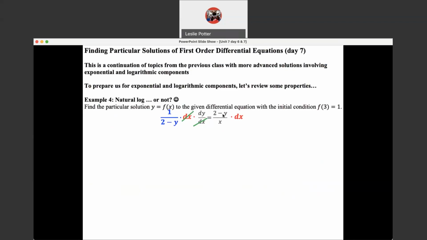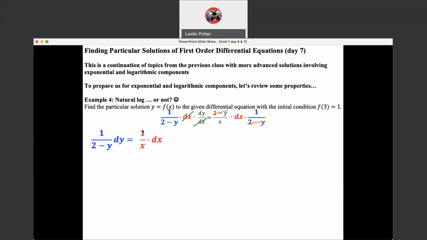You can't just add y to both sides, because adding y to both sides is not a multiply divide process. So we have to multiply by 2, divide by 2 minus y, or multiply by 1 over. So they're going to cancel on the right, and we're going to have 1 over 2 minus y on the left. I know it's messy. There's a bunch of stuff crossed out, but we have 1 over 2 minus y dy on the left equals 1 over x dx on the right.